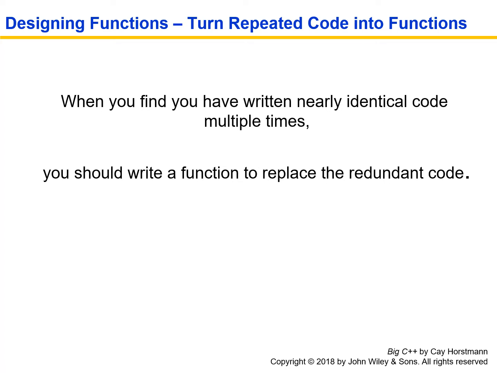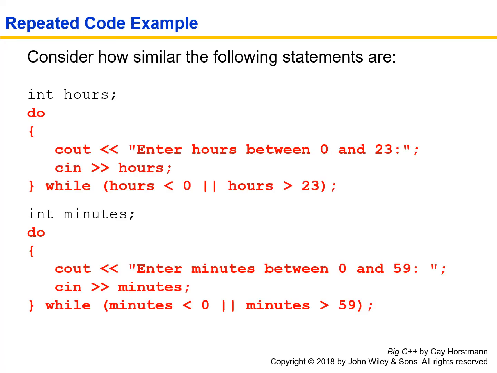Okay, so when should you write a function as opposed to just including code in your main program? When you find that you've written nearly identical code over and over again, even twice really, it's often worth writing a function to replace the redundant code. Take, for example, this program, which is asking the user to enter the time in hours and minutes.